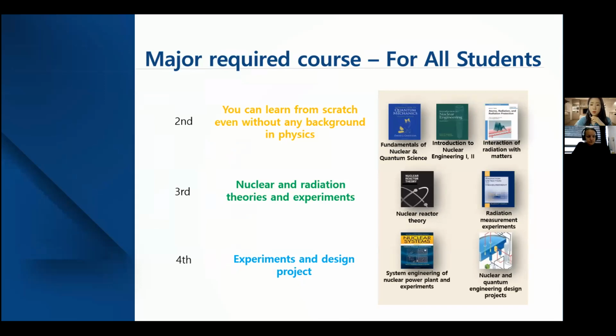In the second year, you can take fundamental courses which you can learn from scratch without any background in physics: fundamentals of nuclear and quantum science, introduction to nuclear engineering, and the interaction of radiation with matter. It explains the basics of information that you need to be able to study in NQE.